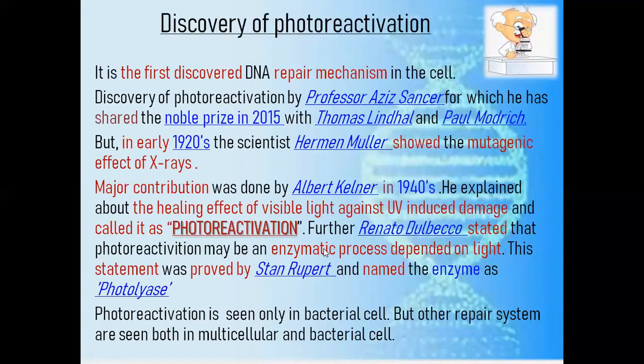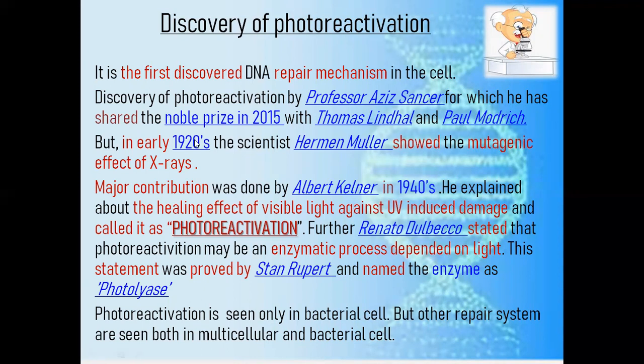So how was photoreactivation discovered? It was the first discovered DNA repair mechanism in the cell. It was first discovered by Professor Aziz Sancar, who shared the Nobel Prize with Thomas Lindahl and Paul Modrich in the year 2015.